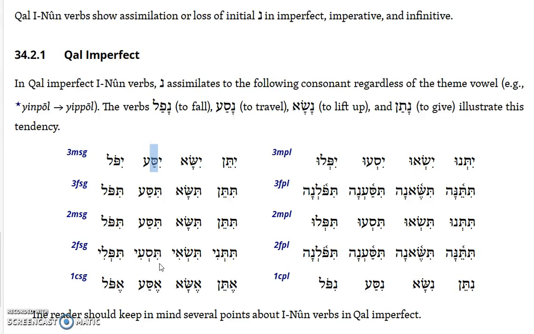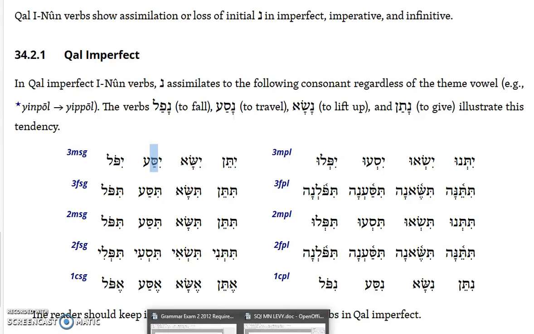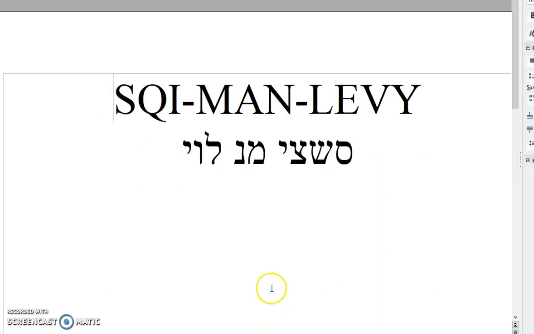And what's happened here is that you had the assimilated noon, a dagesh, followed by a vocal shva. And what comes into play here is a rule that we call the Sheva-Levy rule. The rule is if you have a sibilant, a qof, a mem, a noon, a lamed, a vav, or a yod, any kind of sibilant, a qof, mem, noon, lamed, vav, or yod, any of those doubled, followed by a vocal shva, very often you'll lose your doubling and you'll get a silent shva.